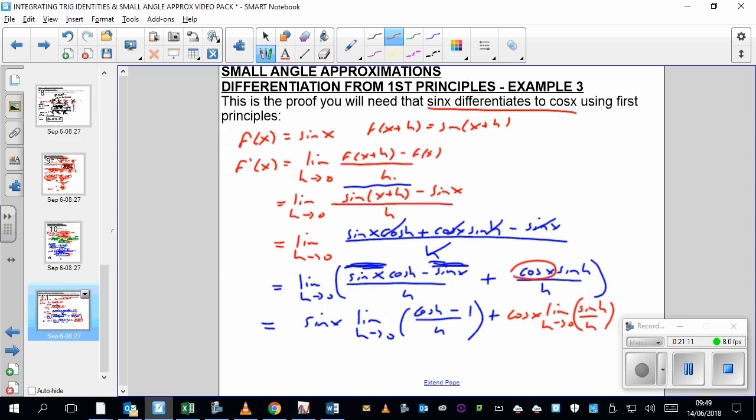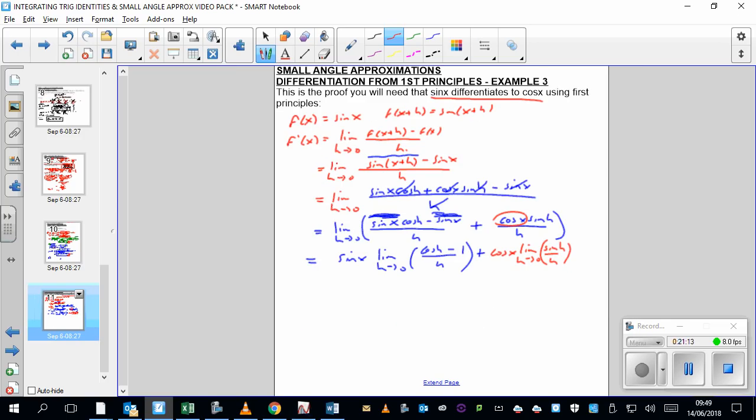We haven't actually made h 0 yet. We just know h is small. And therefore we can convert our cos h into 1 minus h squared over 2, minus 1, over h, plus cos x, limit as h tends to 0. We know that sine h, when h is small, is just h. So we get h over h.